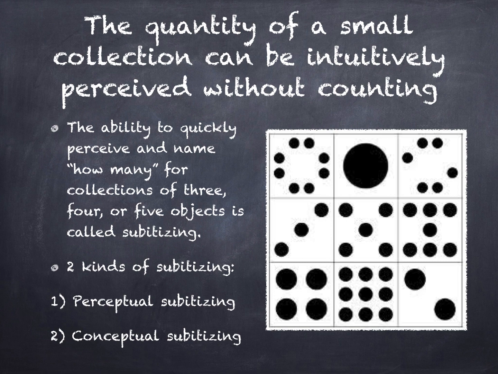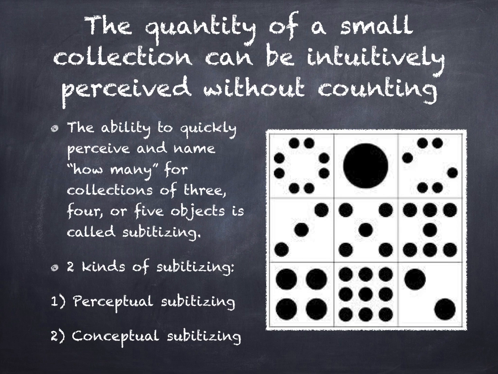All children are born with an innate ability to perceive the difference between one and two objects. With support and experience, they can quickly perceive and name how many for collections of 3, 4, and 5 objects. When a child looks at a small number of objects and knows how many without counting, they are subitizing.